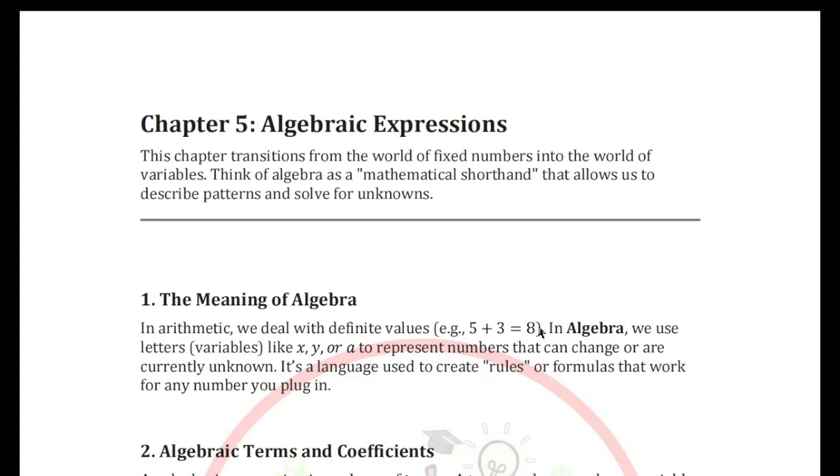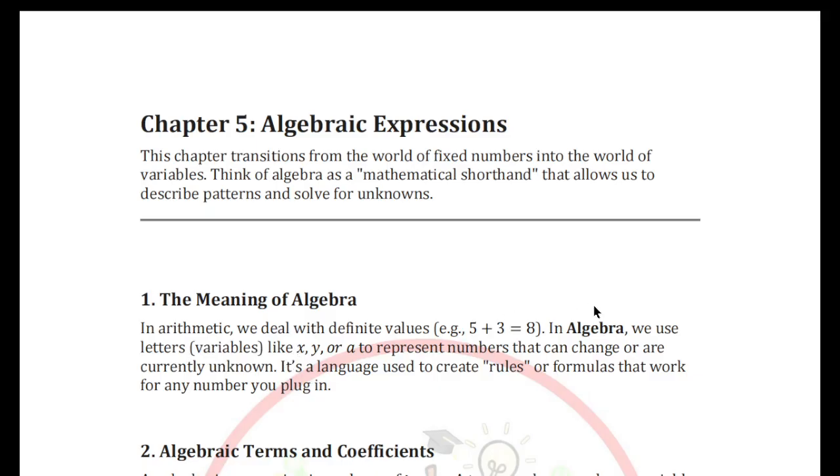So now when we start to talk about algebra, this is where we include letters, which are known as variables. The letters we are talking about are x, y, a, b, c, etc. Everything that is not a number but a letter, these are variables.